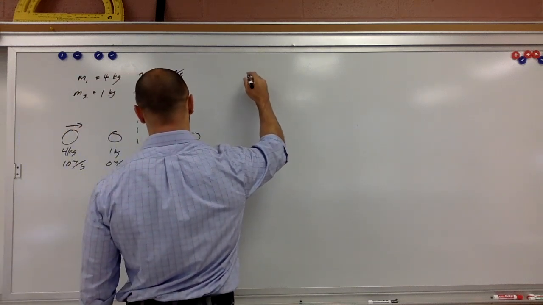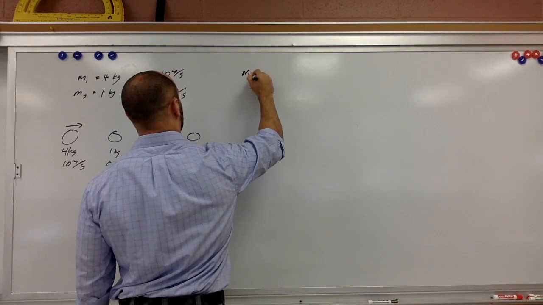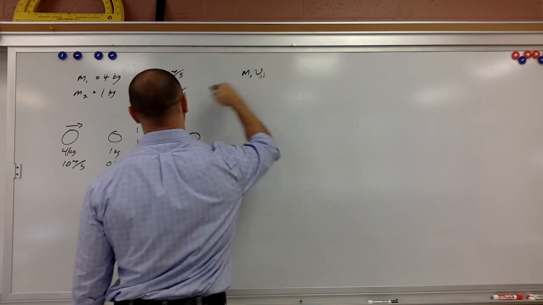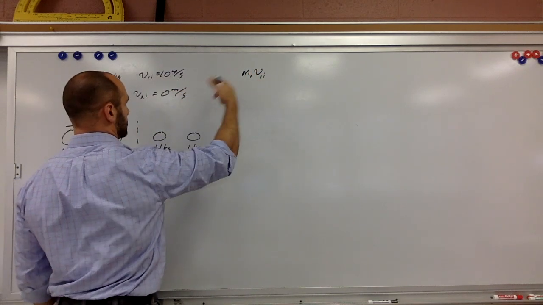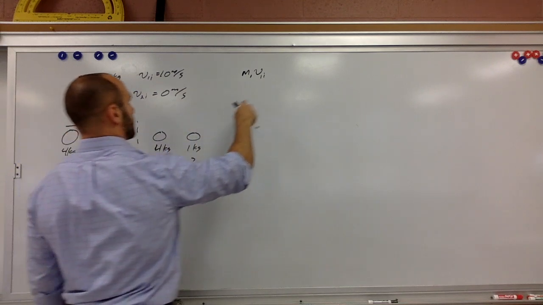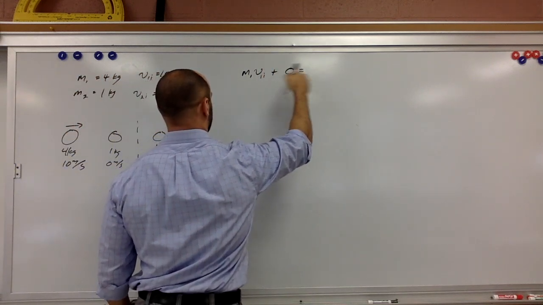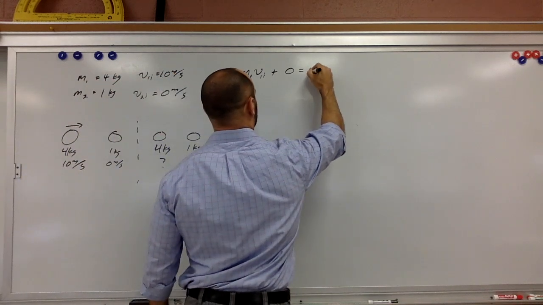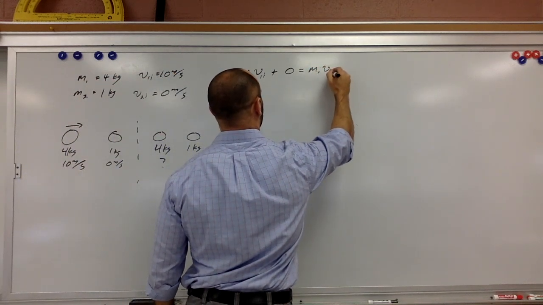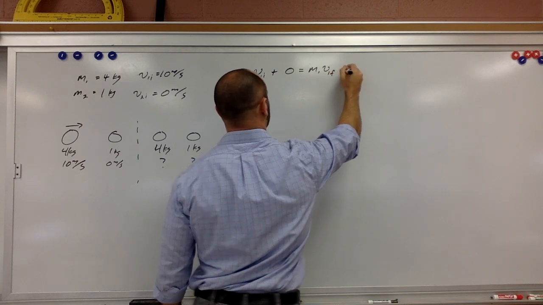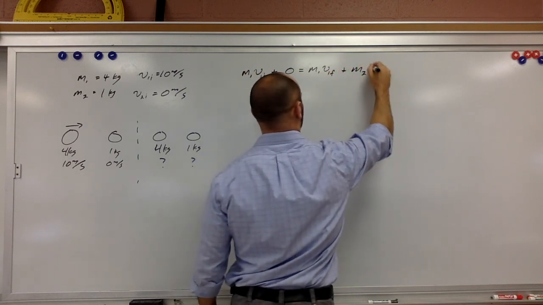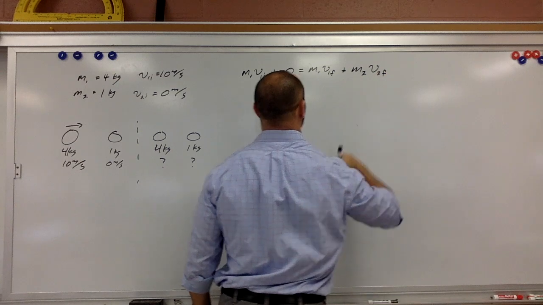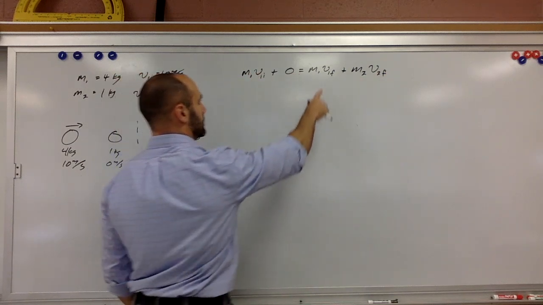We can write the momentum equation, right? M1 V1I, which is what I did here, the initial velocity of this ball, plus 0, because the momentum of this one is 0 to start with, equals M1 V1F plus M2 V2F. And then these are the two things I don't know.